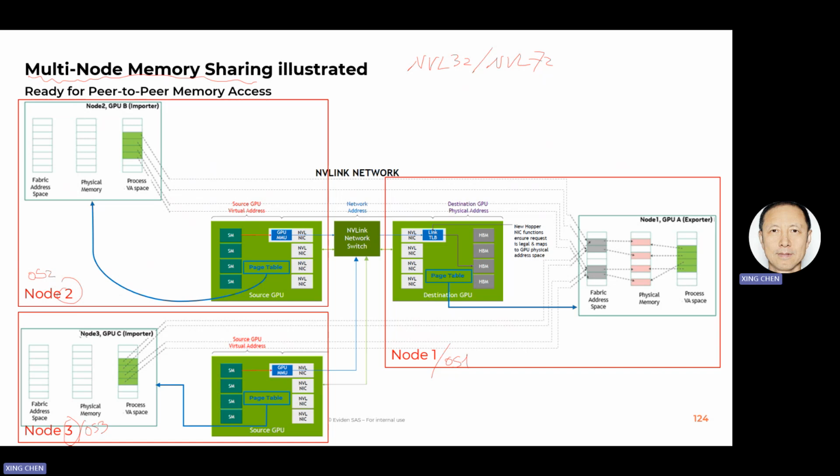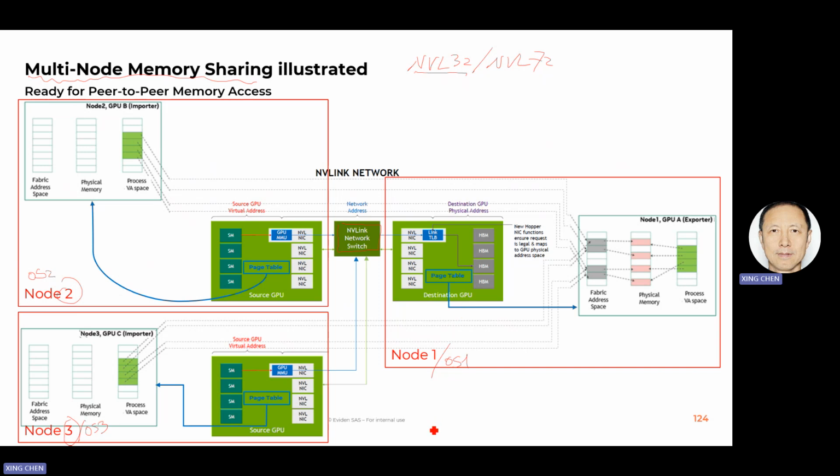The 3 nodes are interconnected by the NVLink network switch. We have 3 nodes shown here, but for the discussion we are targeting NVL32.